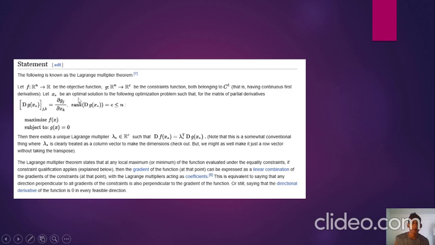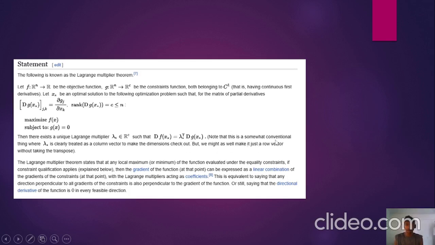Let x star be an optimal solution to the following optimization problem, such that for the matrix of partial derivatives Dg of x star, with entries dou gj by dou xk, the rank of Dg of x star is equal to c, which is less than n: maximize f of x subject to g of x is equal to 0. Then there exists a unique Lagrange multiplier lambda such that Df of x star is equal to lambda transpose Dg of x star.